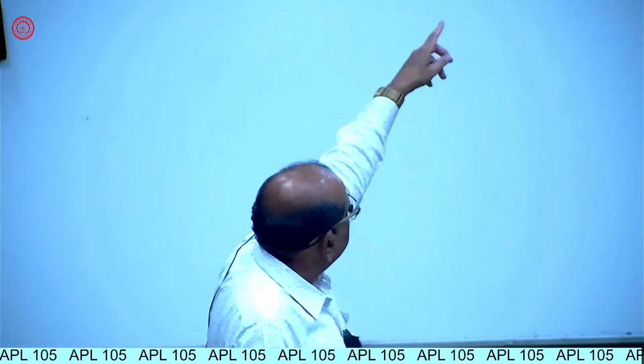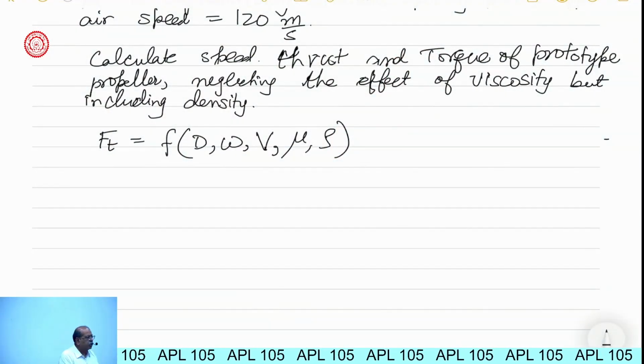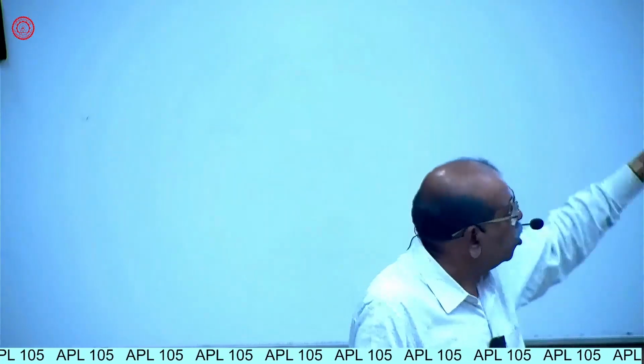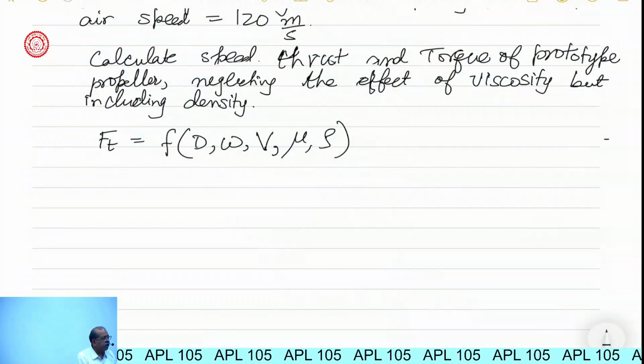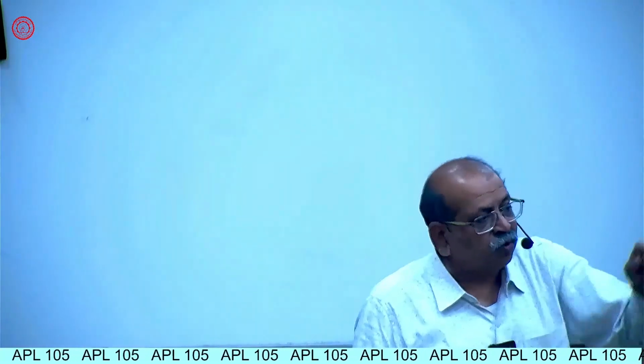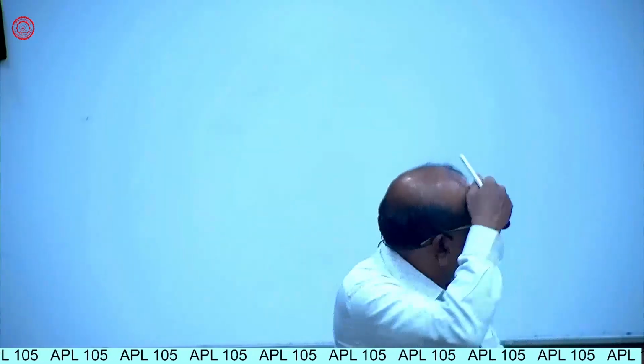But when you have things like this, neglecting the effect of viscosity, then what you should do is not include viscosity as a repeating parameter. Because eventually when you simplify in the later parts, then you'll have to neglect viscosity. If you use this, you will have to do your non-dimensionalization again. Okay, so this is what it is.